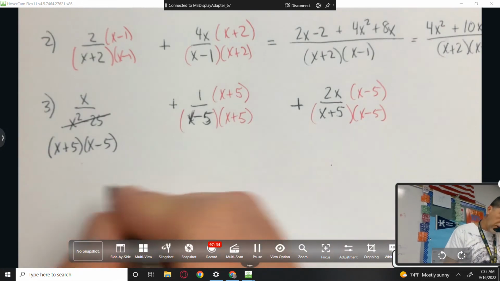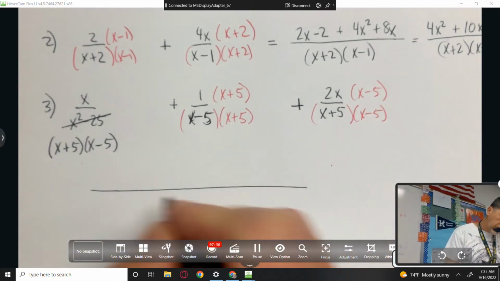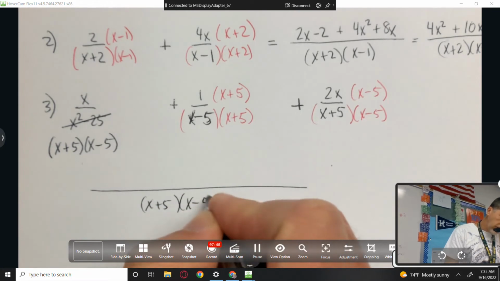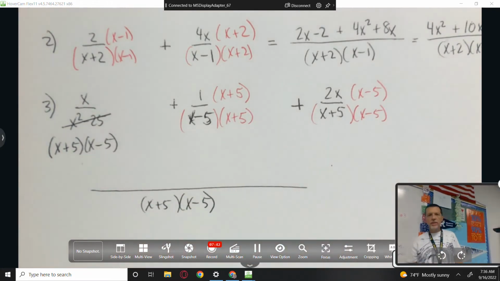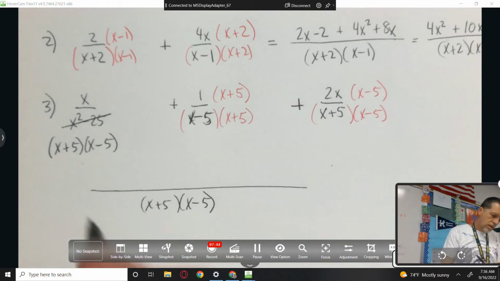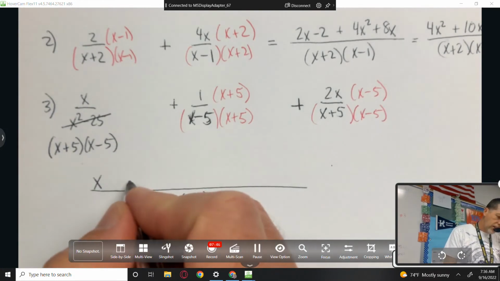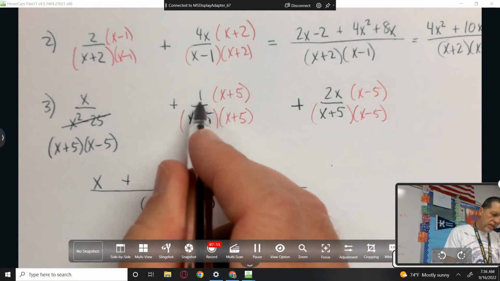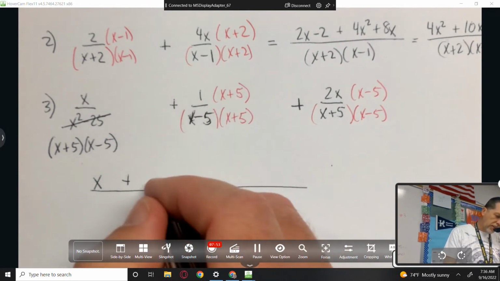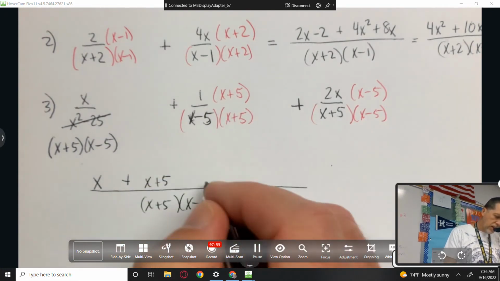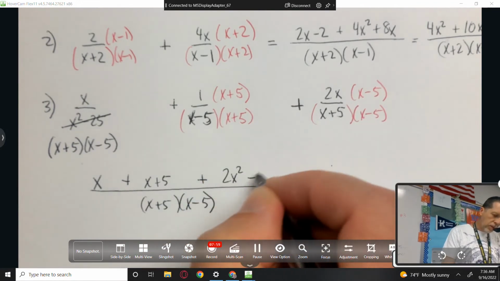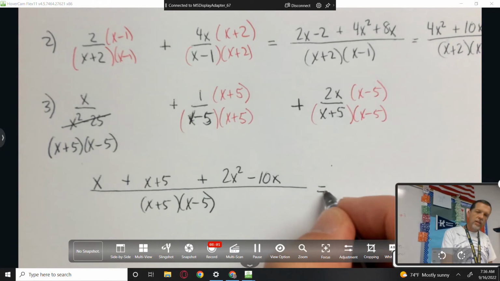Now it's just a matter of cleaning up the numerators. So I'm going to write it all over that one common denominator. So x from the first term, plus x plus 5 from the second term, plus 2x squared minus 10x from the third term.